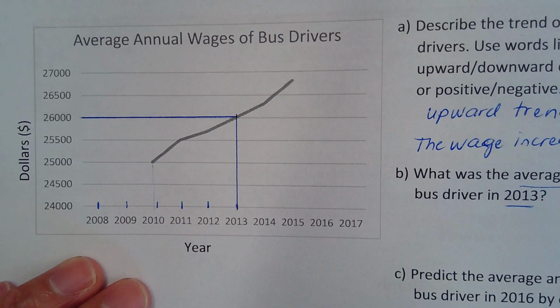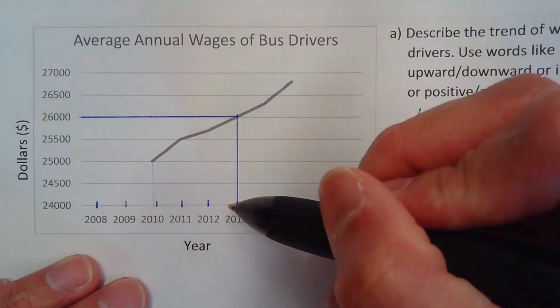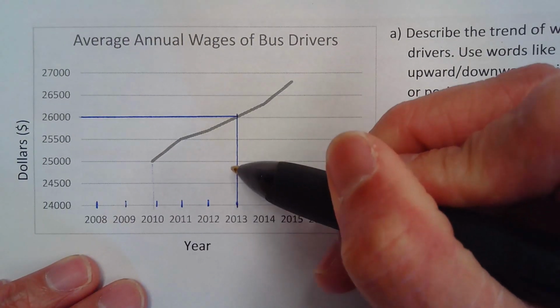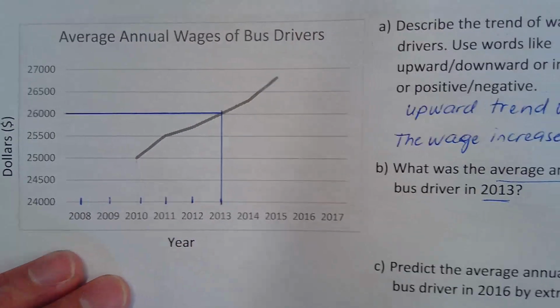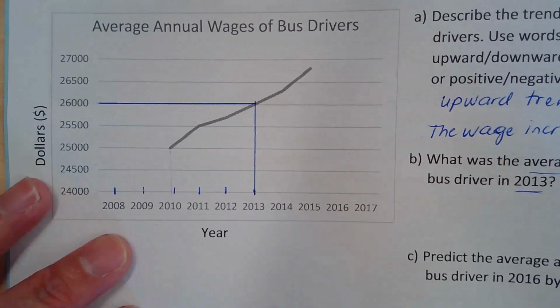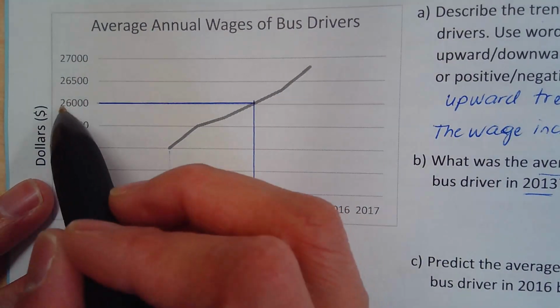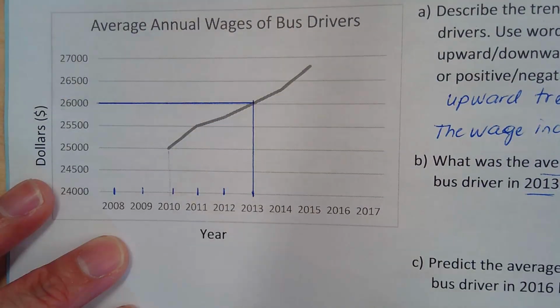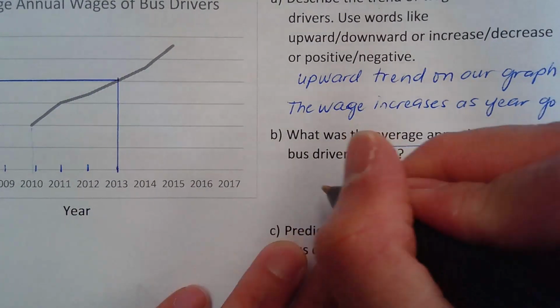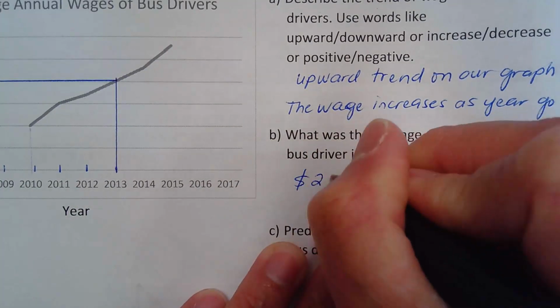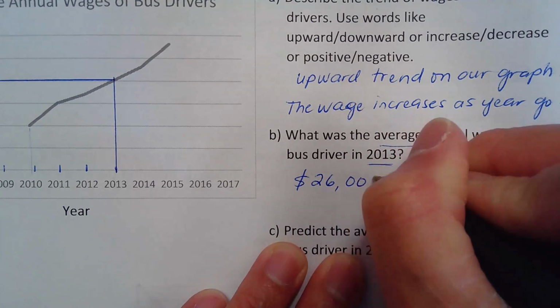So 2013, you locate it, draw a straight line up, and then draw a straight line across, and then we'll see how much is that. 26,000. Okay, so the average is $26,000.